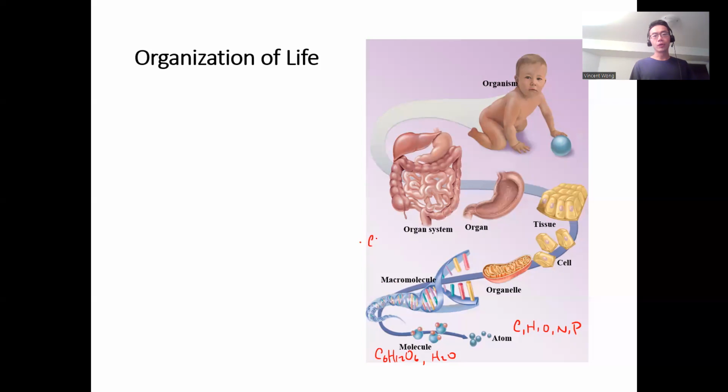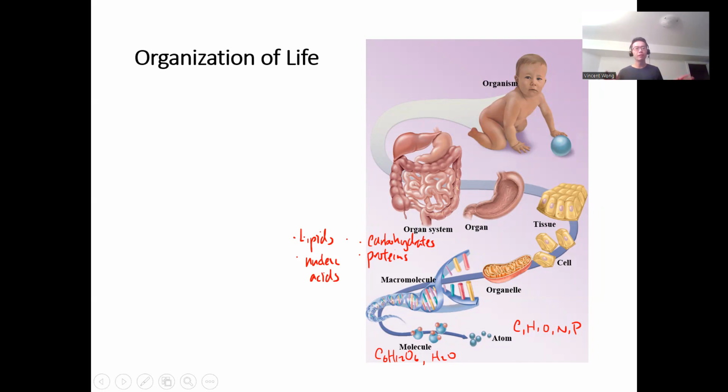These are the carbohydrates, the proteins, lipids, as well as nucleic acids. And these are polymers. They're very, very long. They have hundreds and sometimes thousands of atoms in them.